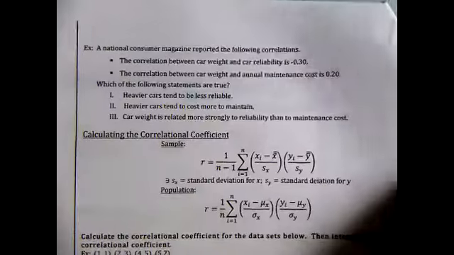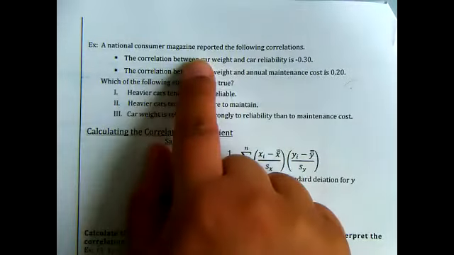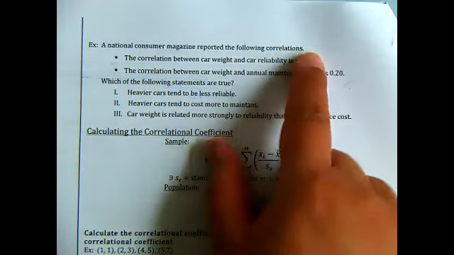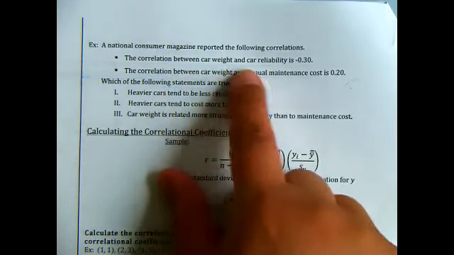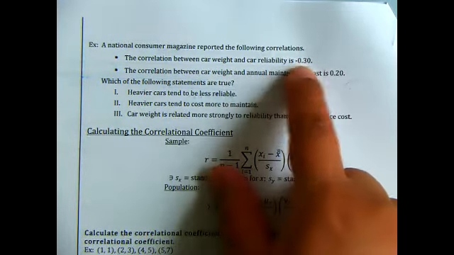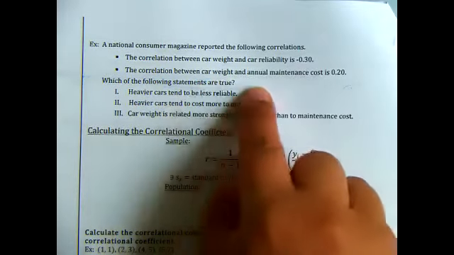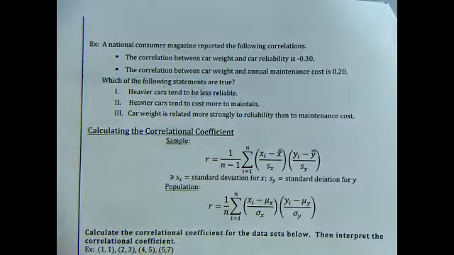So let's take a look at this example up top. Okay. It says a national consumer magazine reported the following correlations. The correlation between car weight and car reliability is negative 0.3. The correlation between car weight and annual maintenance cost is 0.2.